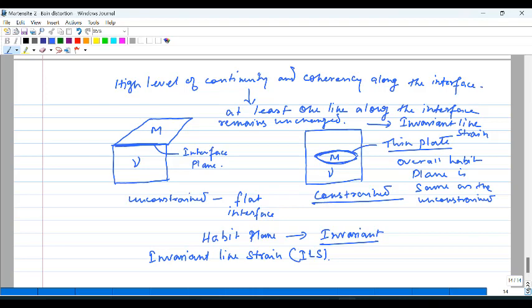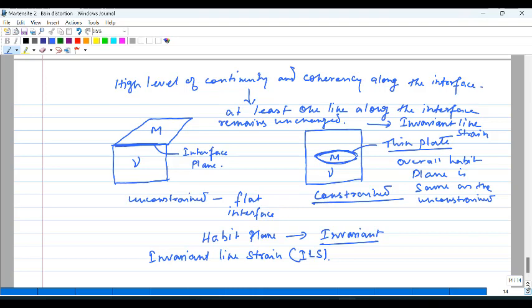It has been observed experimentally that the habit plane of Martensite remains undistorted and unrotated. It remains unchanged after the transformation, right? But that cannot form the Martensite, but still it is observed. The one that can form Martensite is an ILS, is an invariant line strain.